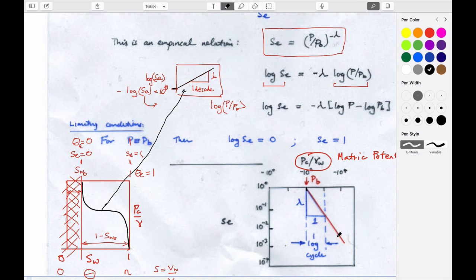And the gradient of this line, I've just flipped it on its side, right? This is kind of xy space. Y is equal to mx plus c. That's really what it is.